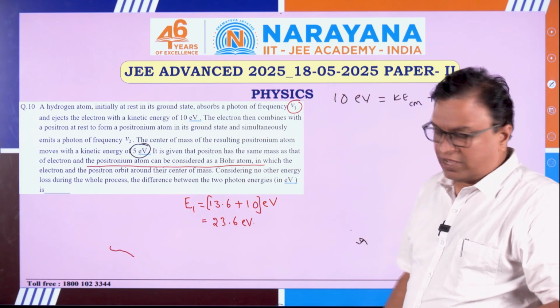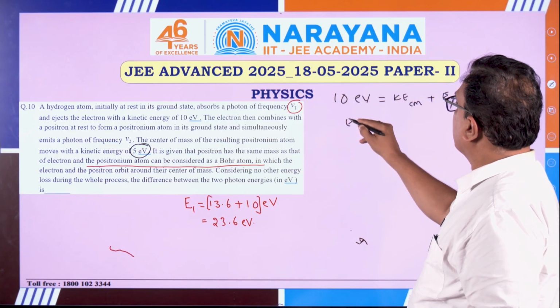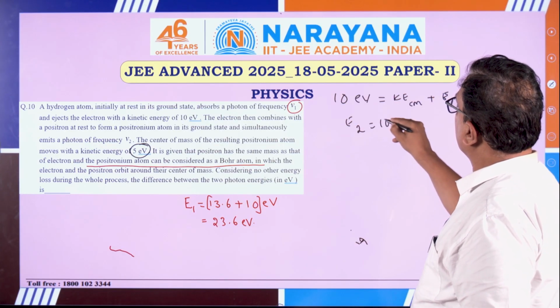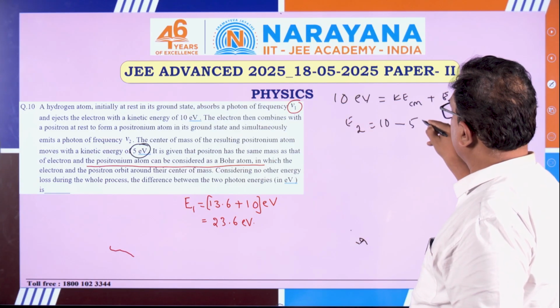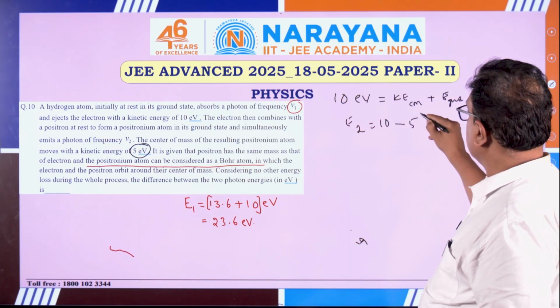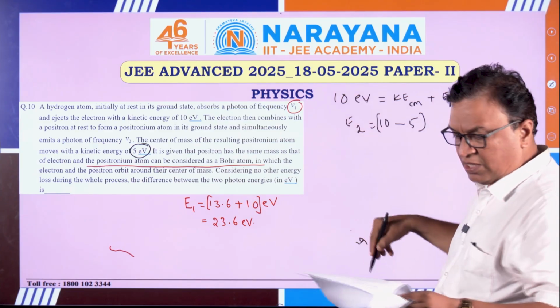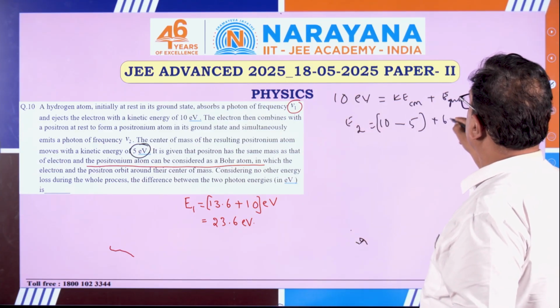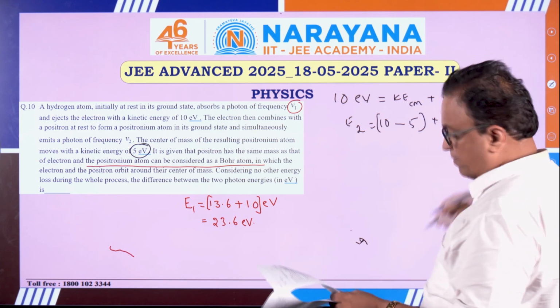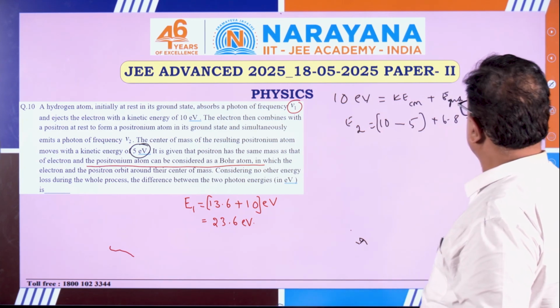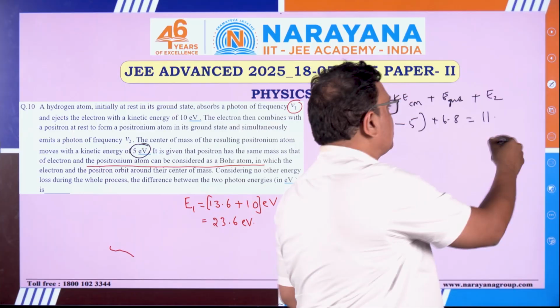So therefore, E2 will become 10 electron volts minus 5 electron volts, and actually this is minus 13.6 by 2, so this will become plus 6.8. So overall this will become 11.8 electron volts.